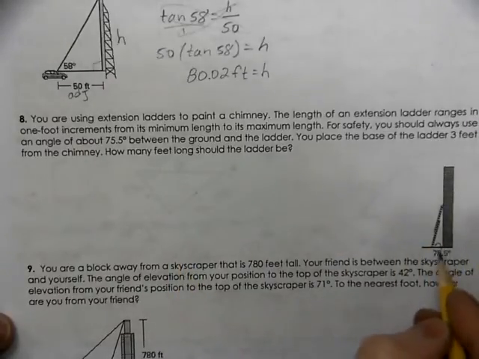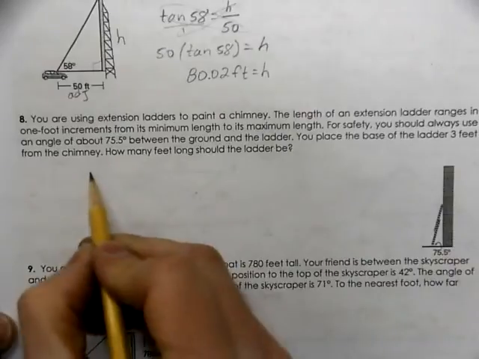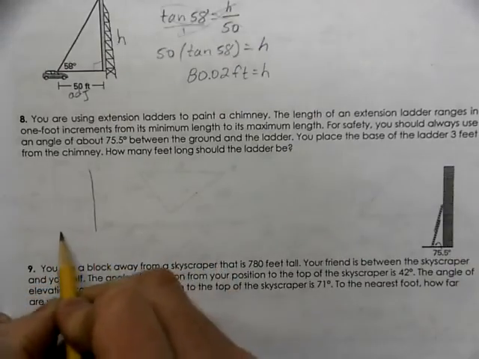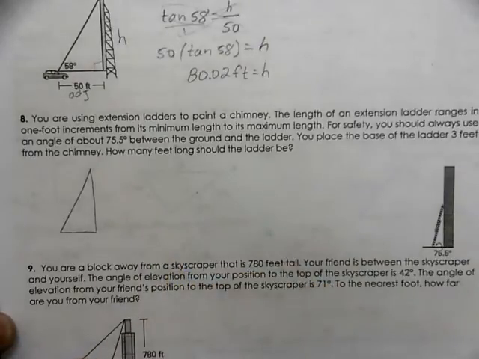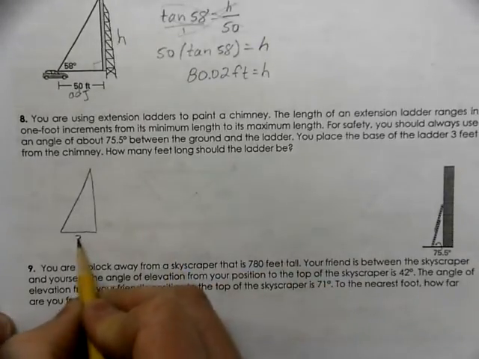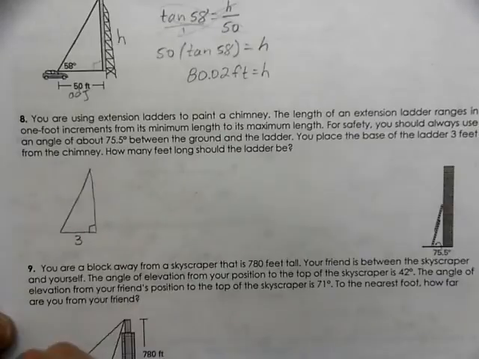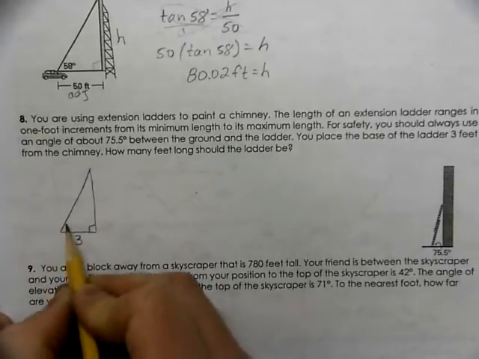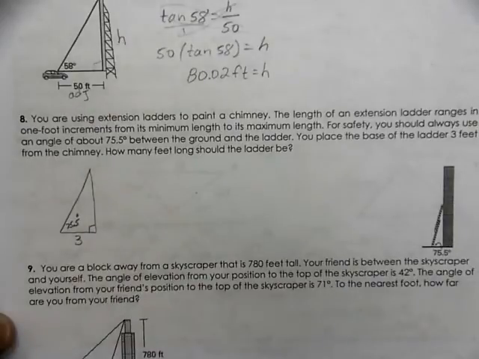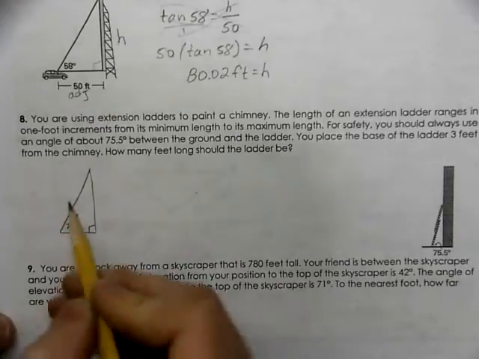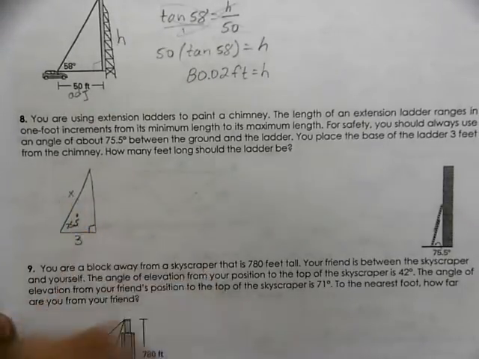So we know that we have this triangle, and we're 3 feet from the wall, from the chimney. We've got 75.5 degrees, and the question is, how long is the ladder?